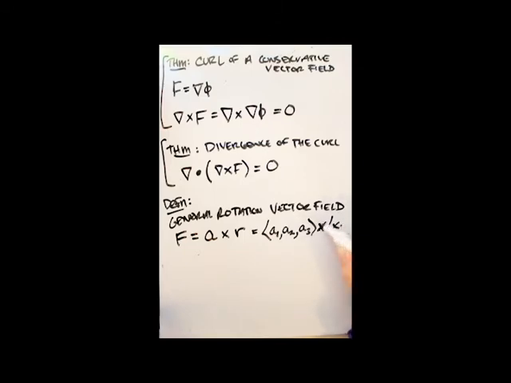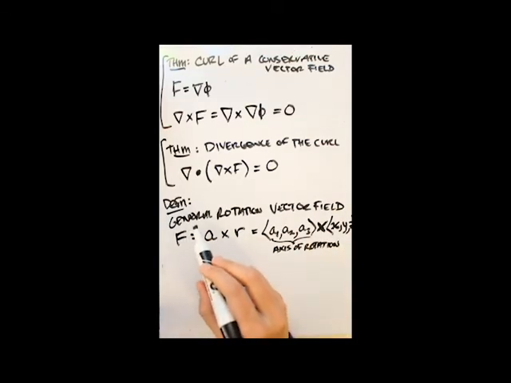A, this constant vector, is considered the axis of rotation. So this cross product defines what we call a general rotation vector field.